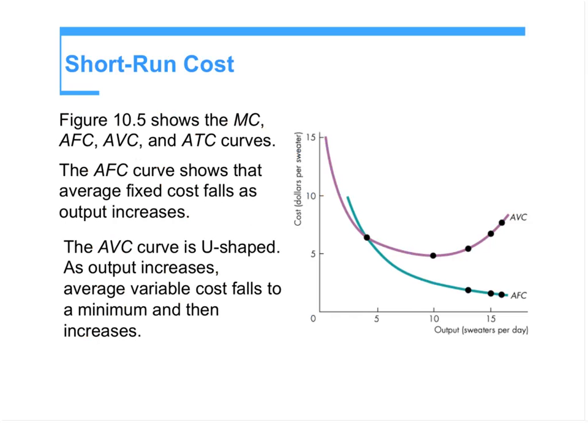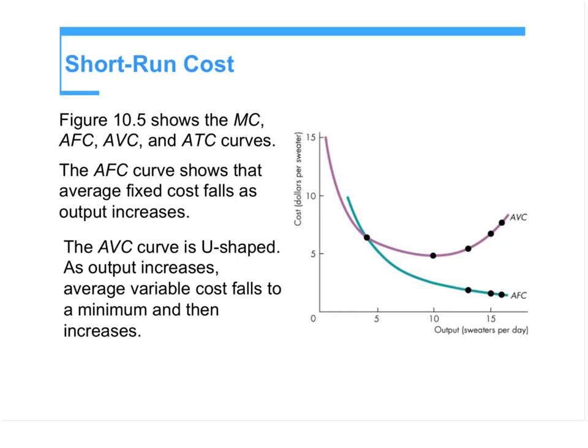So this figure shows the marginal cost, average fixed cost, average variable cost, and average total cost. The average fixed cost curve shows that average fixed cost falls as the output increases. You can see as output increases, the average fixed cost is getting less and less.